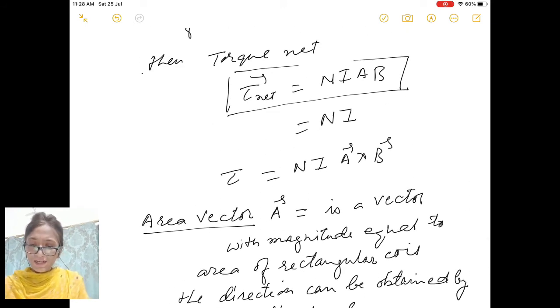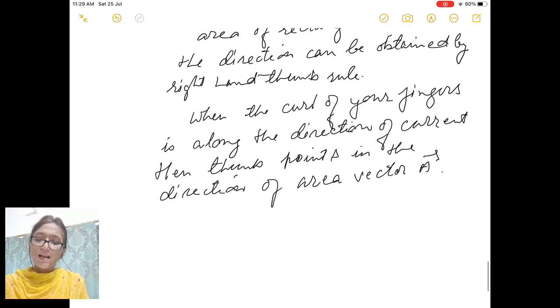Now one more vector is there. There is a term, magnetic moment. As it is a current carrying loop and it is affected by a magnetic field, it changes into a magnet. And the element of magnetism is given by this quantity, I into A, current into area vector, and this is called the magnetic dipole moment of the coil.